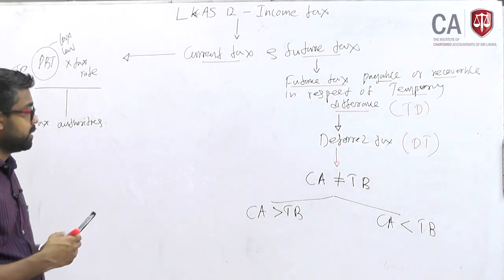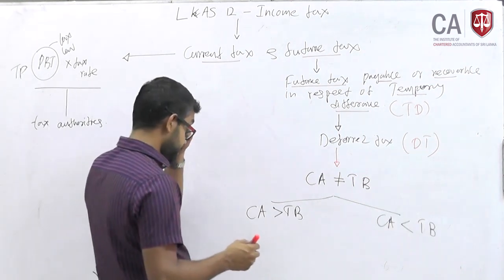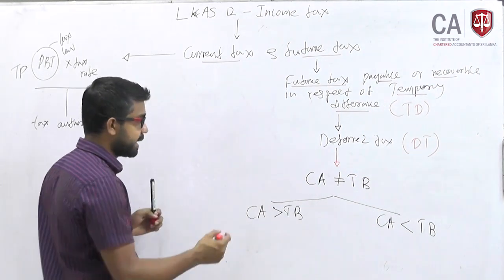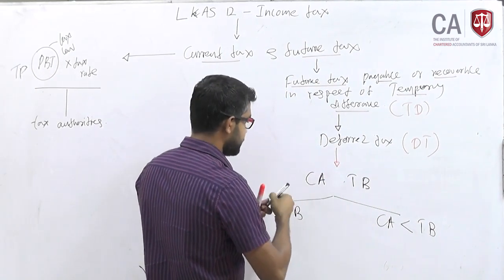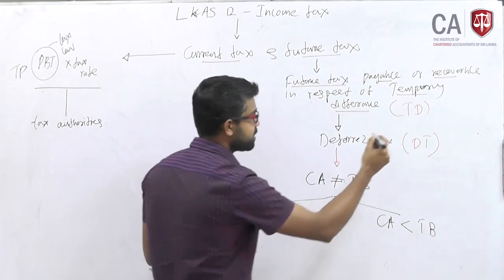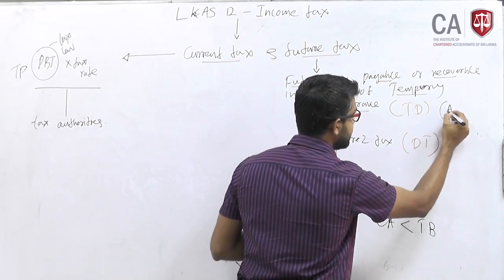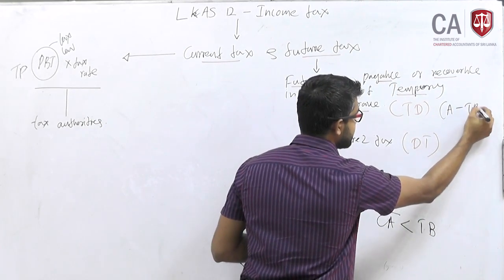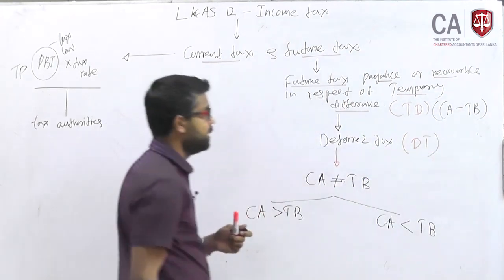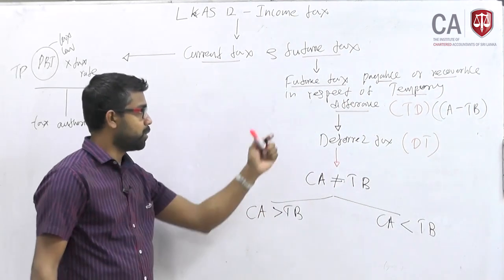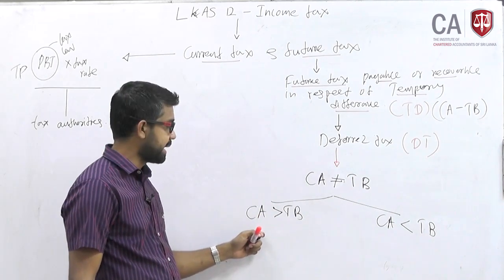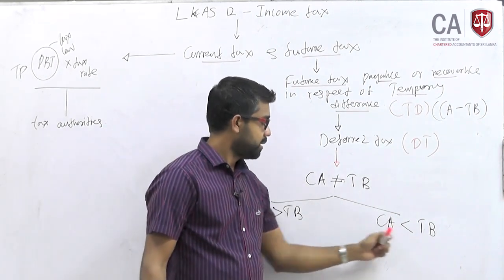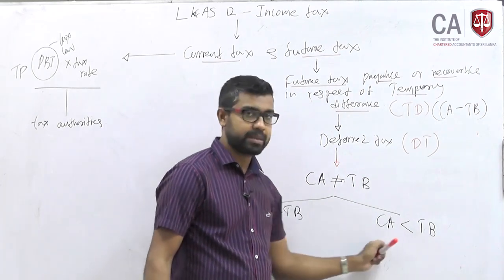If so, this is a temporary difference. Temporary difference means carrying amount minus tax base. So when you subtract tax base from carrying amount, sometimes carrying amount can be higher than tax base, or sometimes tax base can be higher than carrying amount.